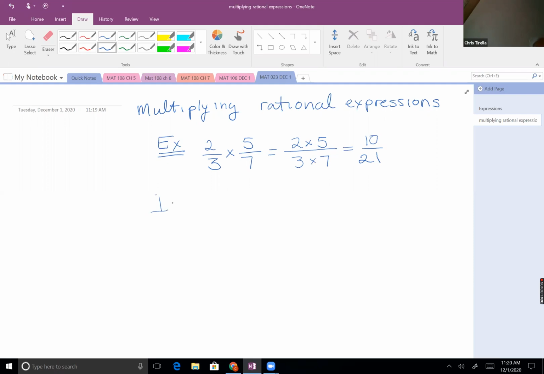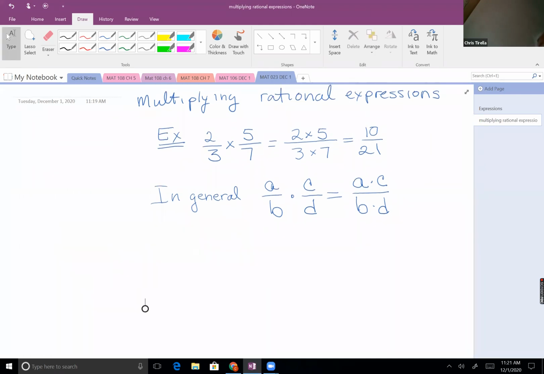In general, if I multiply A over B times C over D, I multiply the numerators and I multiply the denominators. It's the product of the numerators over the product of the denominators. And so when I'm multiplying two rational expressions, I just multiply straight across. Numerator times numerator, denominator times denominator.